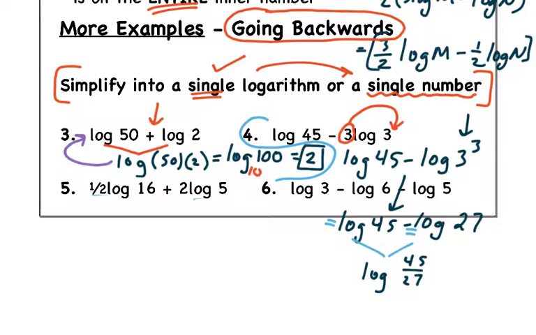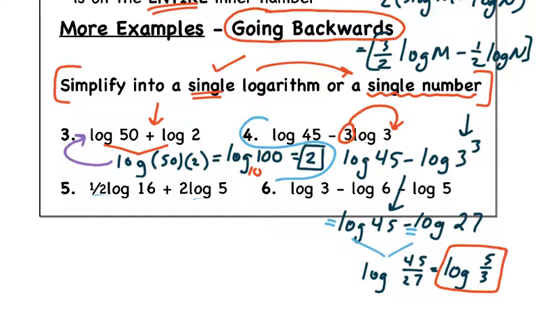I'm not dividing the logs, I'm dividing what's inside the log. That's good. I can probably simplify that fraction a little bit because I know 9 goes into both pieces. So I can divide top and bottom by 9. And let's see, this is a base of 10, so I don't think there's anything more I can do with this one. That's the end for number 4.